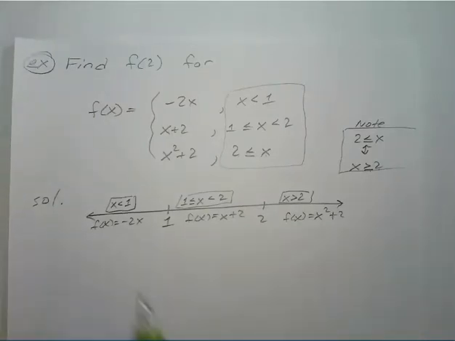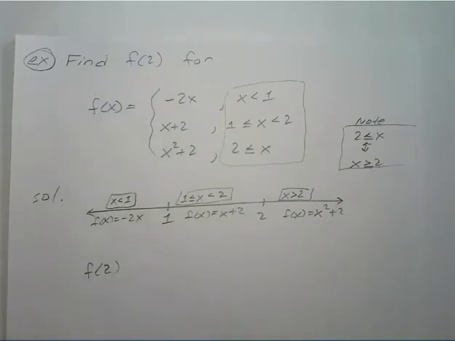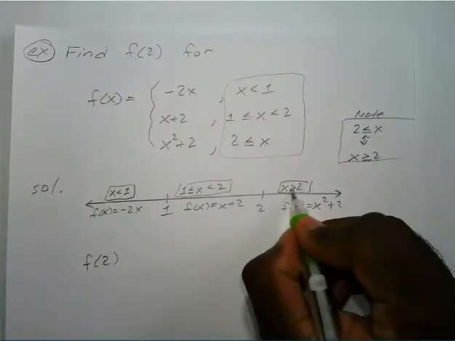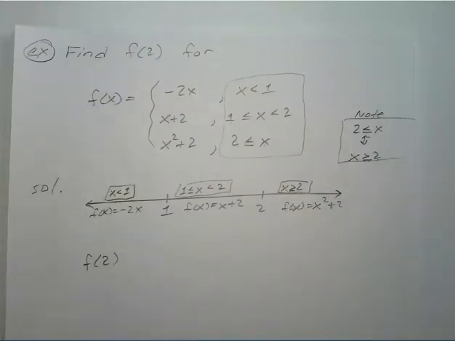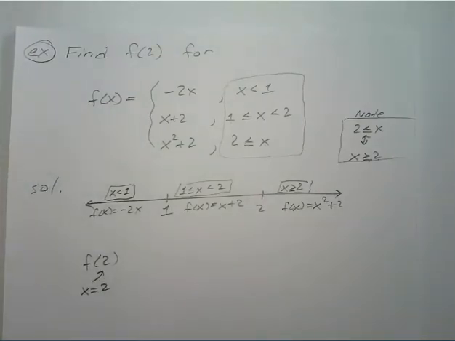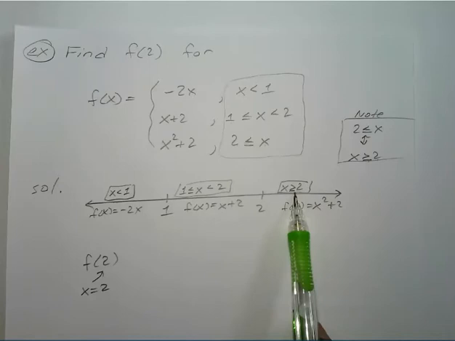Alright, so we want to know how to find the value for f of 2. So that should be equal to there. There we go. Well, we do it the same way that we've done it before. When x is equal to 2, remember here it can't equal 2. But here is greater than or equal to 2.